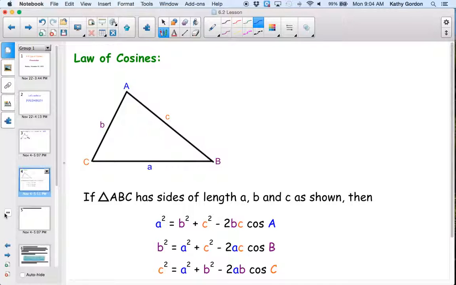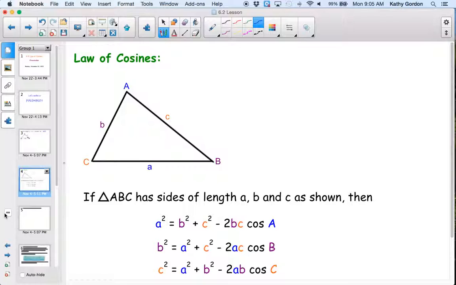And now, the law of cosines says, if I'm only given one angle, I'm going to take the cosine of that angle, and then the side opposite that is the one that's going to go out in front squared. And so then the other two sides make up the rest of this formula. So if angle A is the one I'm given, then side a is the one out here that's going to get squared. And then that's going to be equal to b squared plus c squared minus 2 times b times c times the cosine of angle A.